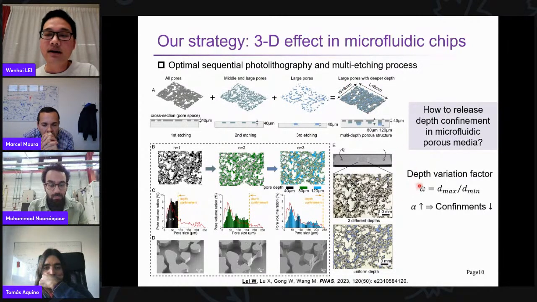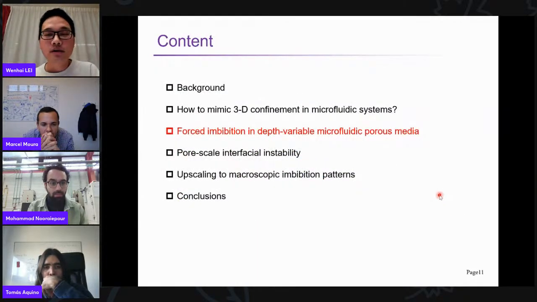Here we define the depth variation factor as the ratio of the maximal depth to the minimum depth. So a larger depth variation factor leads to a smaller geometric confinement. Based on the above microfluidic system, we will conduct forced imbibition experiments on such microfluidic porous media.